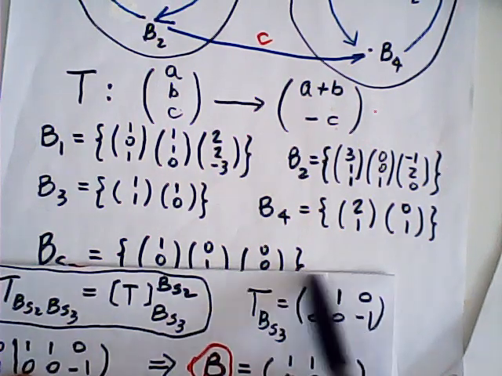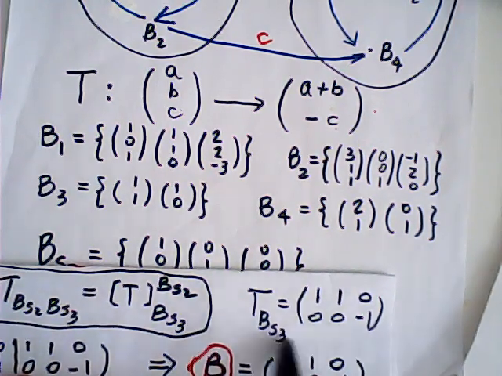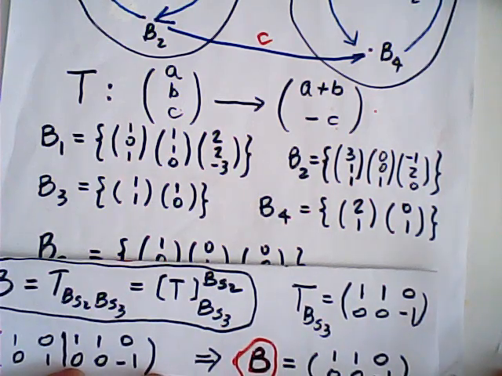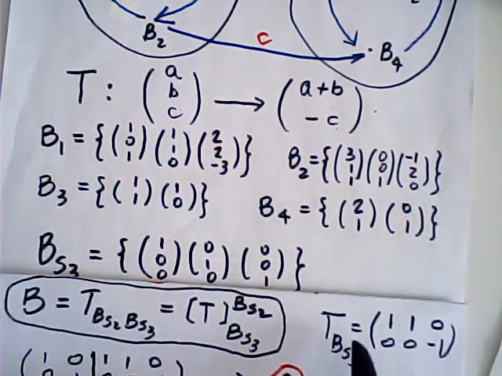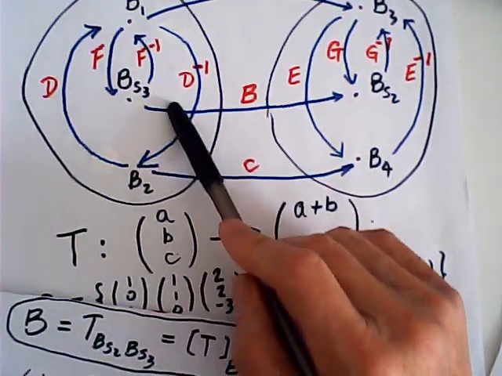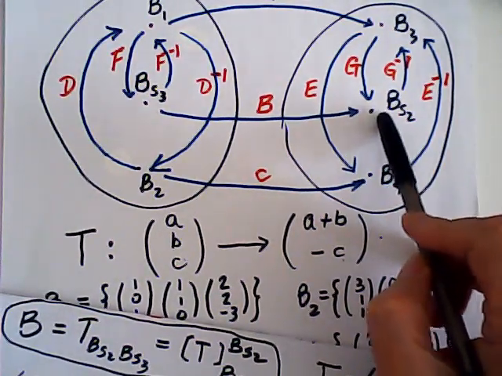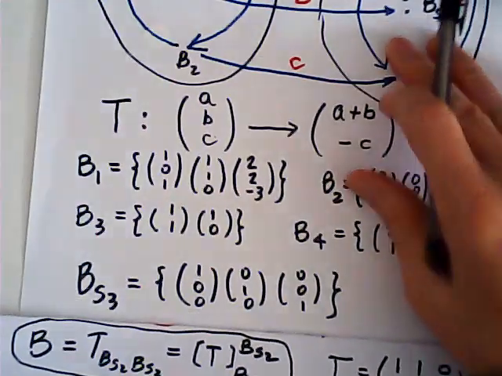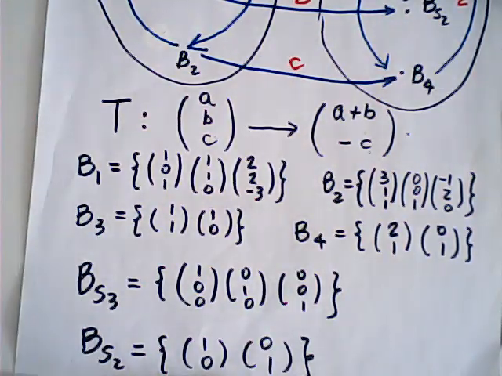So this is a matrix transform for BS3, the basis of R3. Then we have to, because B has to change to base BS2. BS2 is this, right? Standard basis.